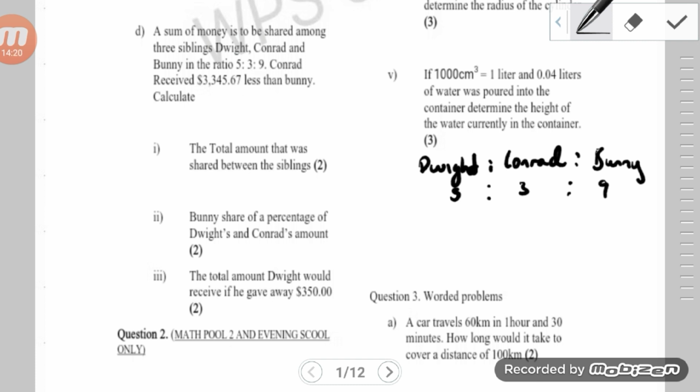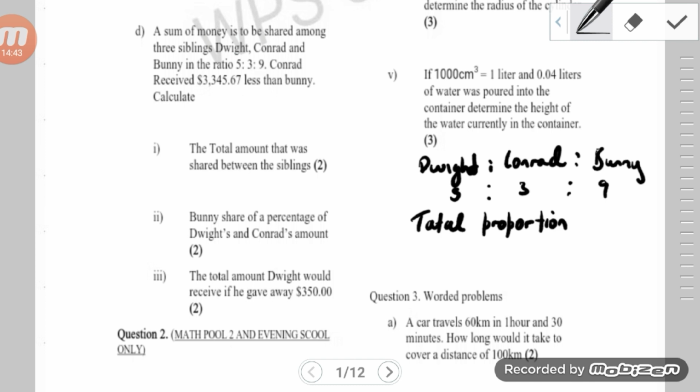Now, it is very, very important that regardless if you're going to be finding the total amount of money that is being shared or not, you still always want to have in your bag the total proportion, meaning that we want to find out how many parts this particular money that is being shared has. How many parts does it have?